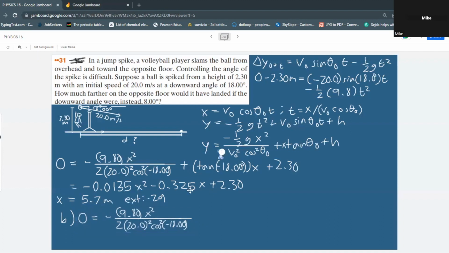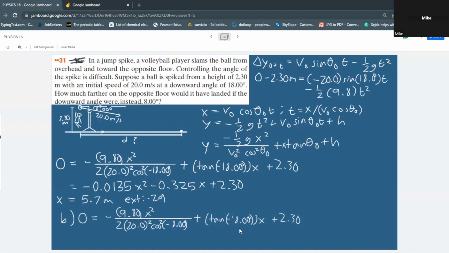It's time to use technology. Okay, nice. Let's compute that.